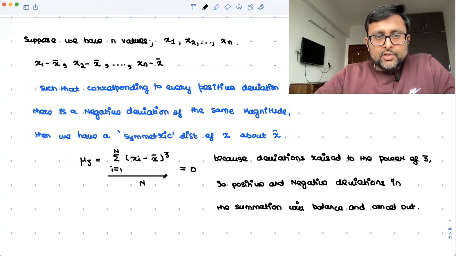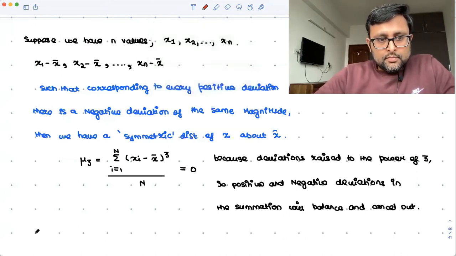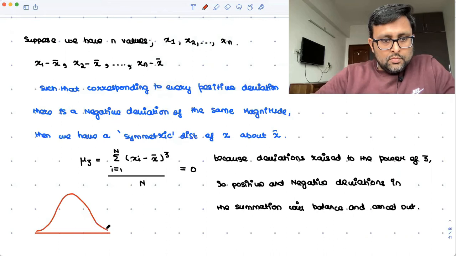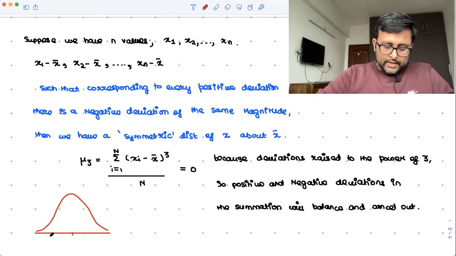So a symmetric distribution will be looking like this, something like this.